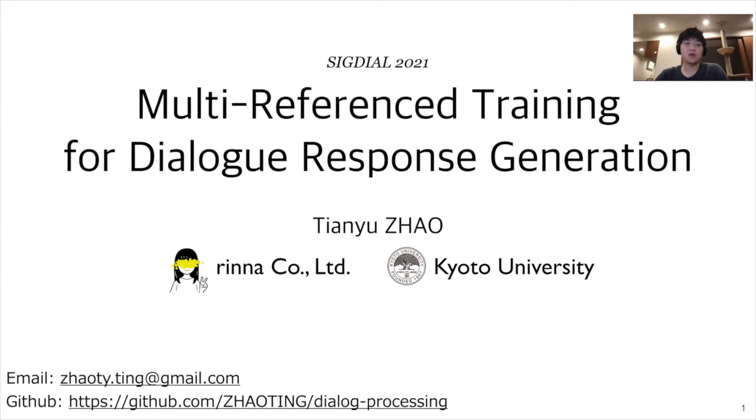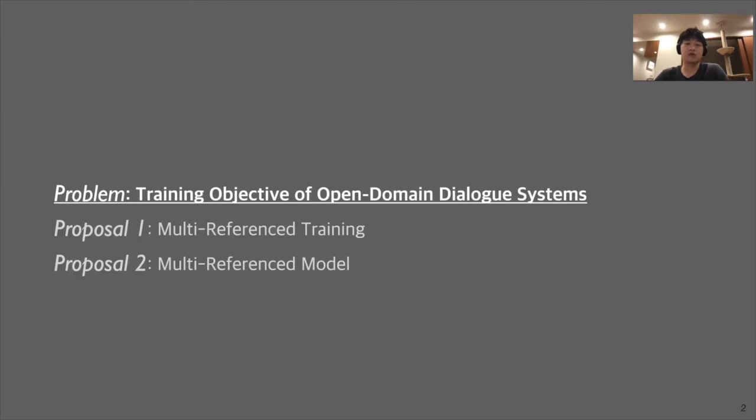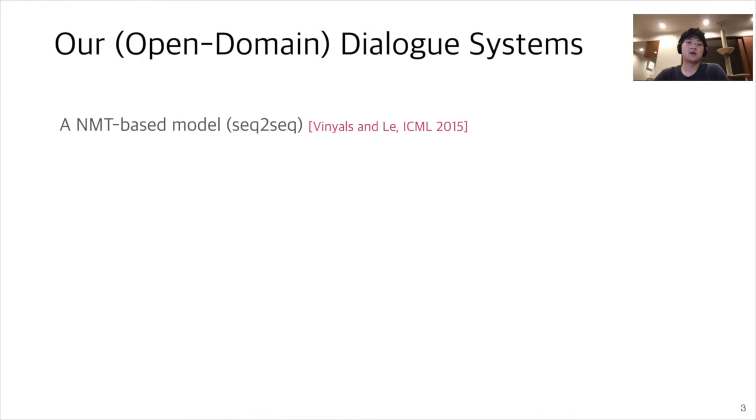To figure out why multi-reference training matters, first we want to look at the training objective of open domain dialogue systems. Current open domain dialogue systems mostly derive from the sequence-to-sequence model used for neural machine translation, but used by Vinyals in his ICML 2015 paper for dialogue response generation.